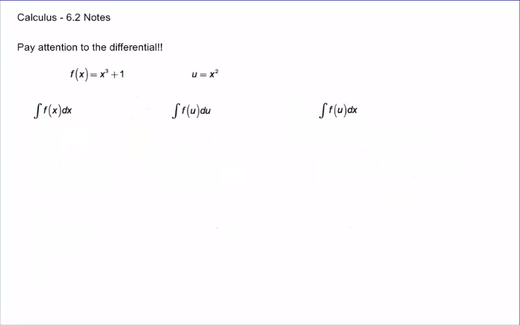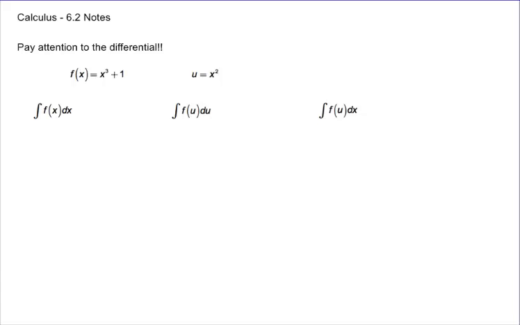Okay, here's some problems that are going to require us to pay attention to the differential of what's going on and making sure that all the correct variables are in the correct places and we're doing the correct thing. And this can get confusing, so pay attention to exactly what you're working with. In this first guy, write down what you've got.